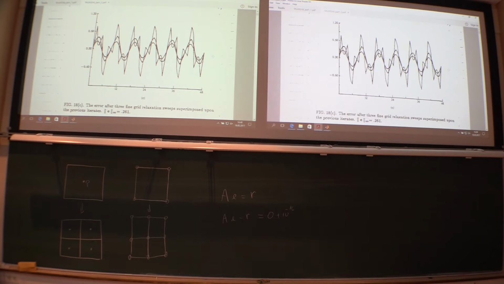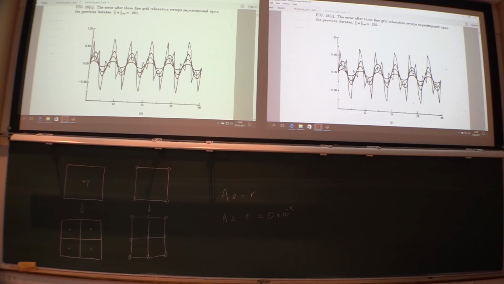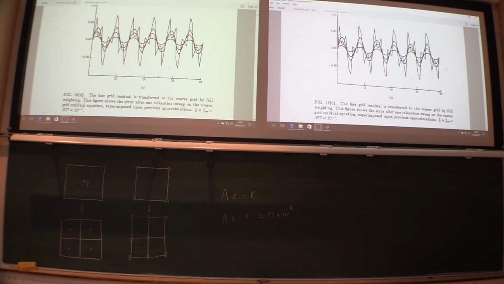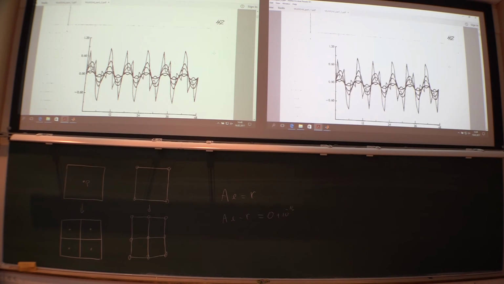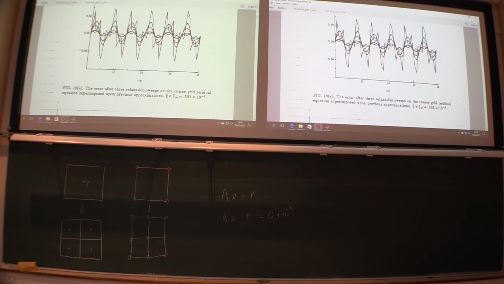Then we do 3 iterations here, so the wavy motion is even damped. And then after these coarse grid adjustments, you see the error is getting closer and closer to 0. Even continuing.